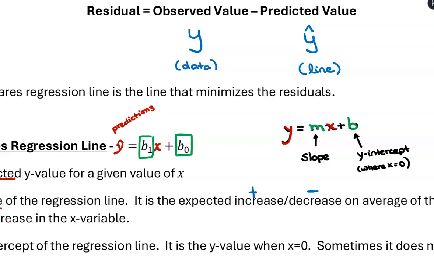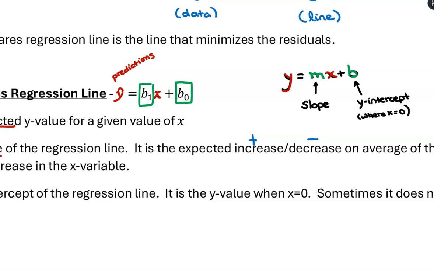And there are a few different ways that we can make a sentence structure to help out. One that we can use is: y increases or decreases by, and then our slope. So I'm going to use b1 there.